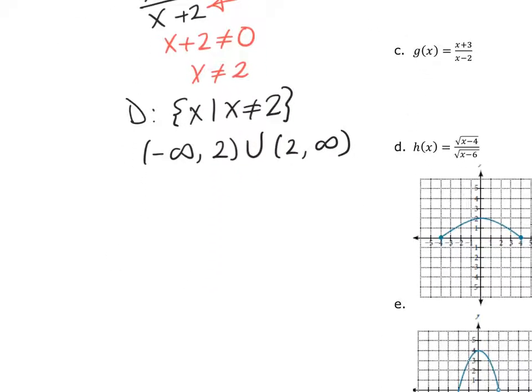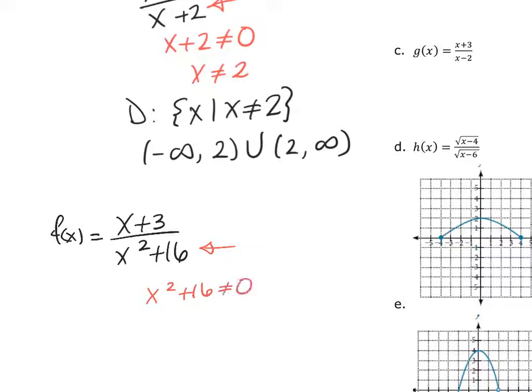Now, if you have something that looks like this, say you've got (x plus 3) over (x squared plus 16), once again, you want to make sure that this denominator does not equal 0. So you're going to set the denominator to not equal 0, and you're going to solve. If you have a quadratic, you can factor, or with this particular quadratic, you can bring 16 to the other side.